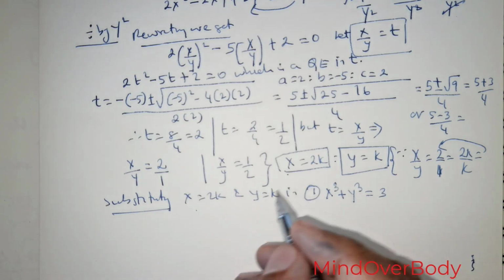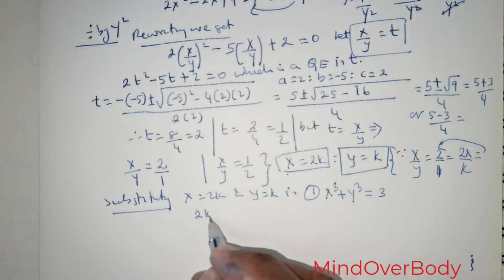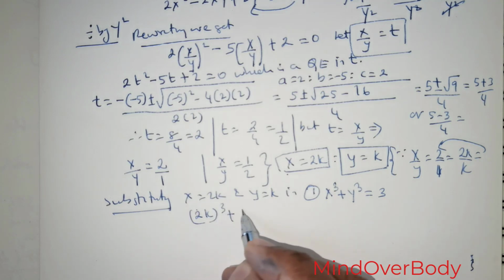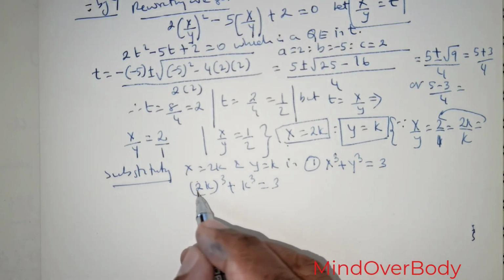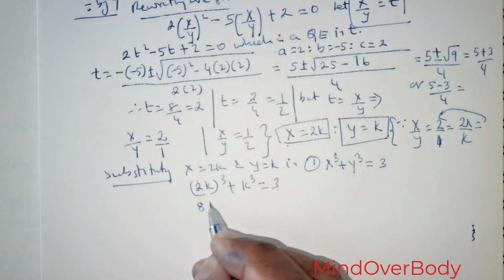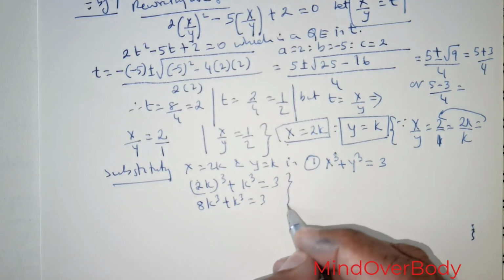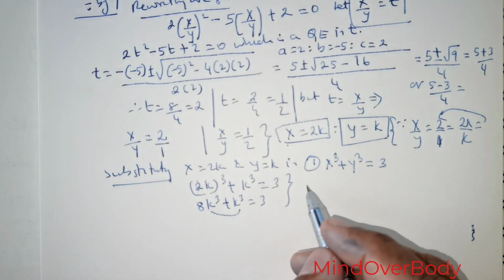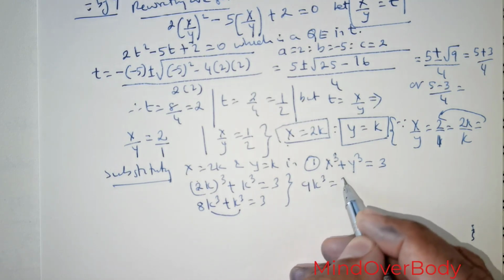So I'm substituting it here: (2k) cubed plus k cubed is equal to 3. 2 to the power 3 is 8, so 8k cubed plus k cubed gives me 9k cubed is equal to 3.